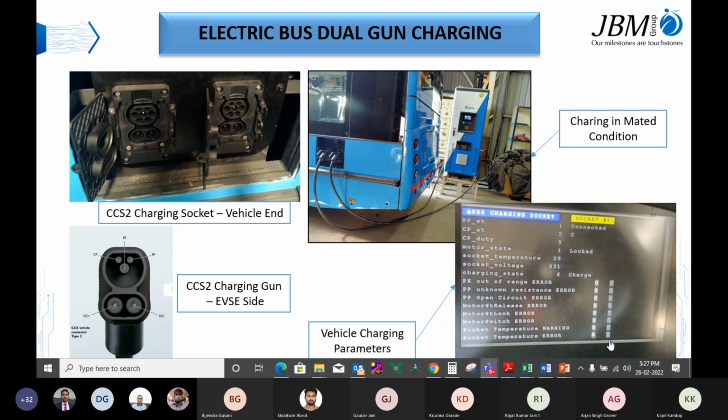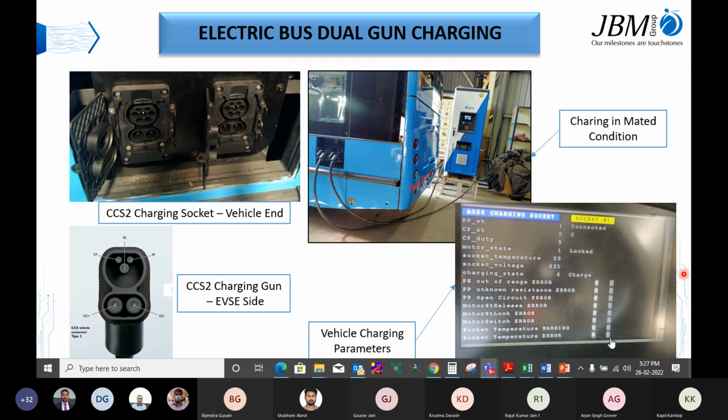Adding to the same question, sir: in any case, while running the vehicle or other than the charging state, if cell imbalancing happens, can we balance the cell by connecting the charger? Yes, if cell imbalance happens during running or discharging, the BMS has a provision to disconnect that string, so that more imbalance will not happen in that string.